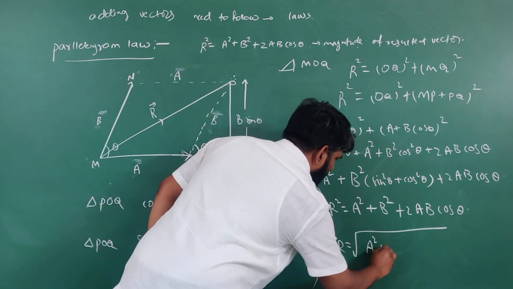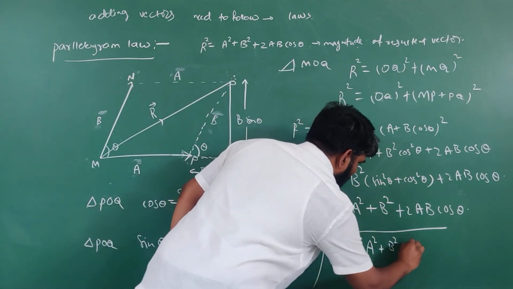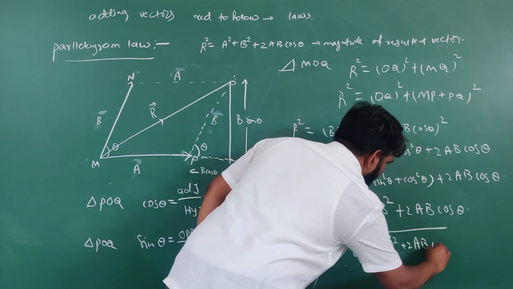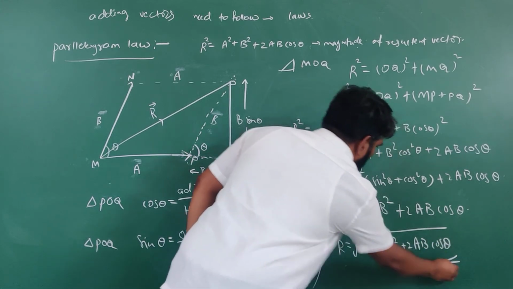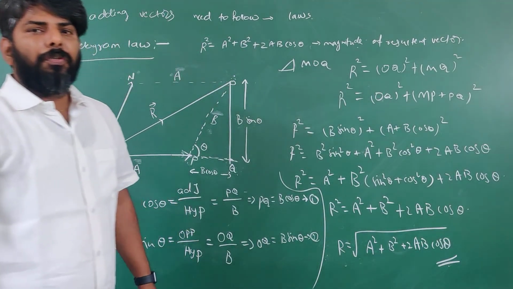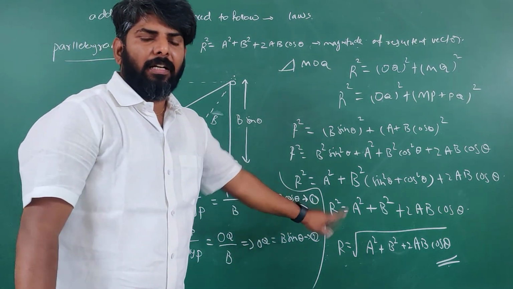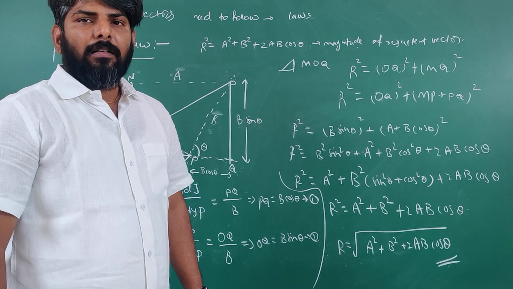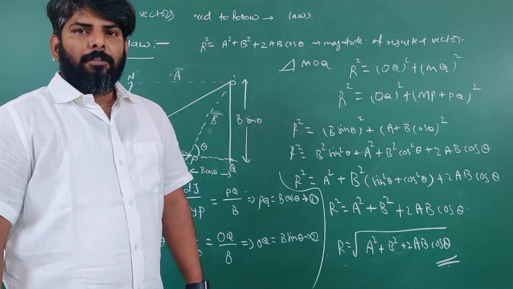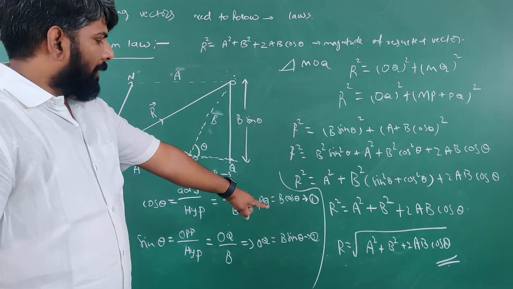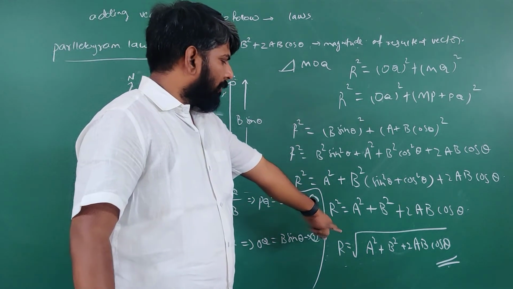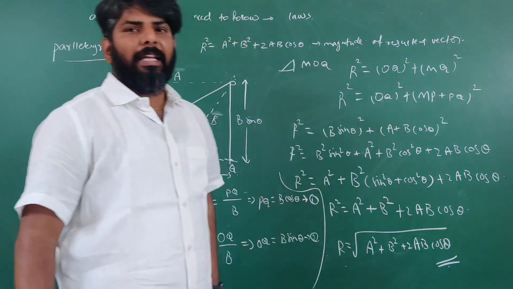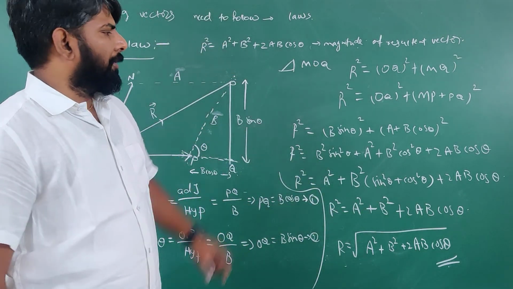So A square plus B square plus 2AB cos theta, expression for magnitude of the resultant vector. Got it, students? So magnitude of the resultant vector R is equal to root of A square plus B square plus 2AB cos theta. This is the derivation.